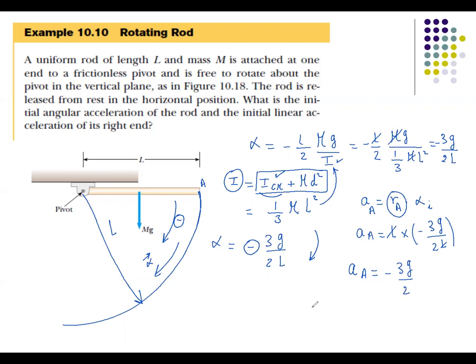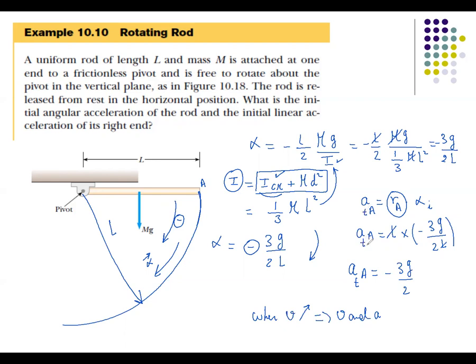When V increases, V and a, here you can say a tangent. I take a tangent, it's important. a tangent equals R times alpha, not only a tangent.